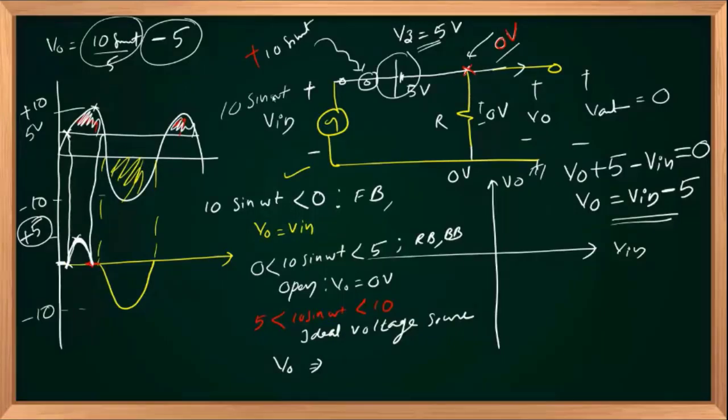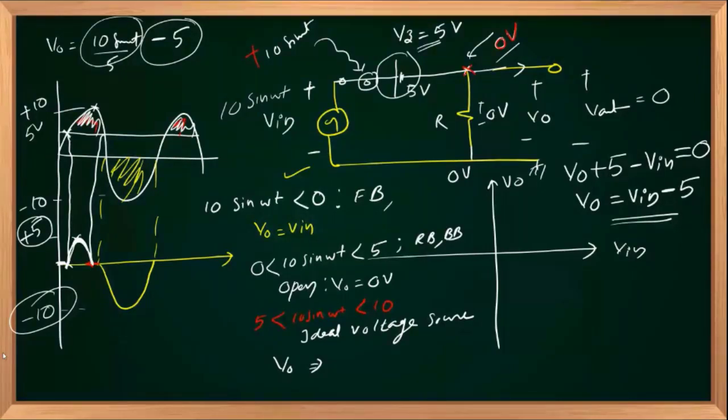So in the given circuit, they will ask you to identify the maximum and minimum value of the output voltage. It is clear that V out equal to V in when the diode is forward biased. For that, V in should be negative. V out equal to V in implies the negative peak of the input will be the negative peak of the output. That is nothing but minus 10. And the positive peak occurs when input is at positive maximum.